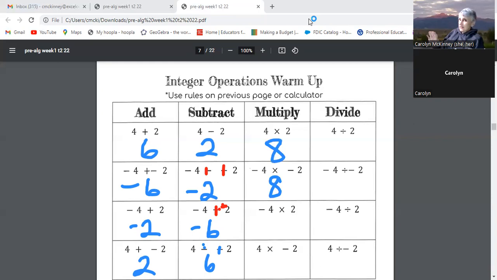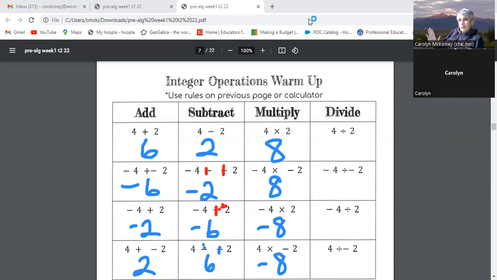It might be tempting to think it's negative, but it really has two negatives, one from each of them, and then the opposite of the opposite just takes you back to where you were. So it's just 8. -4 times 2 is -8, and 4 times -2 is also -8.